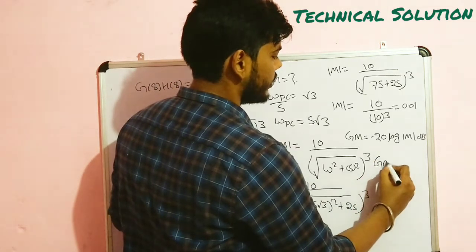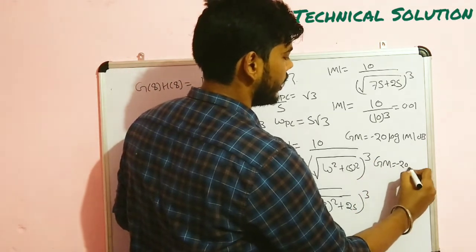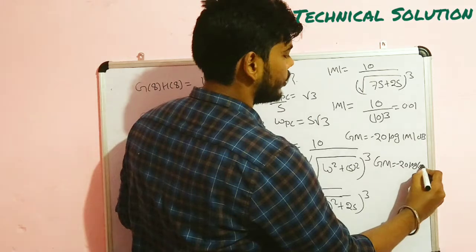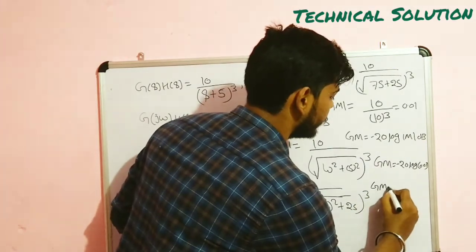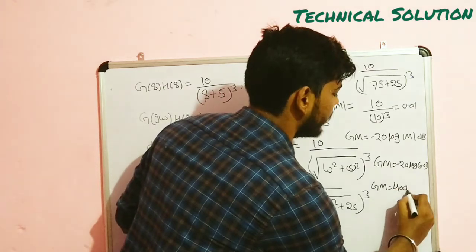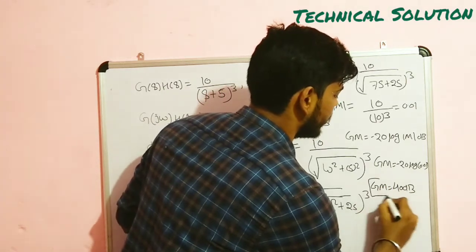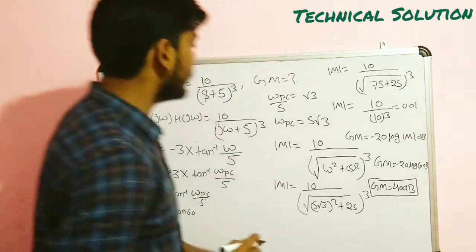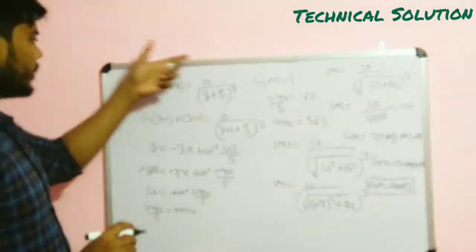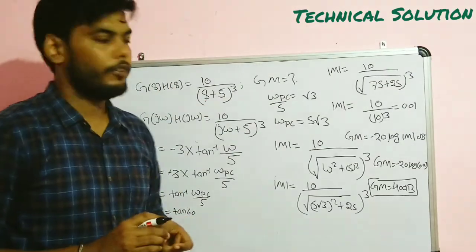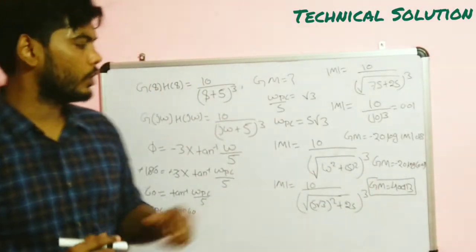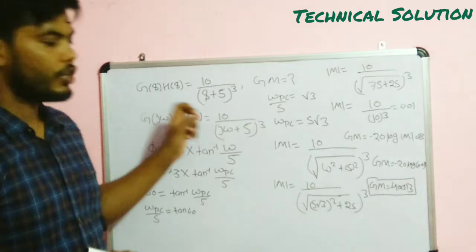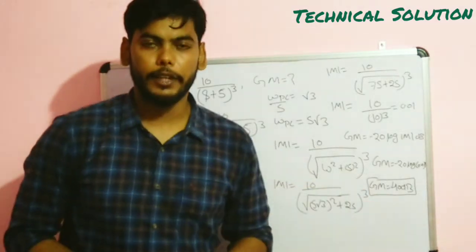So the gain margin is equal to minus 20 log 0.01, which becomes 40 dB. So the answer for this open loop transfer function is that the gain margin is equal to 40 dB. So the answer to this question is 40 dB.